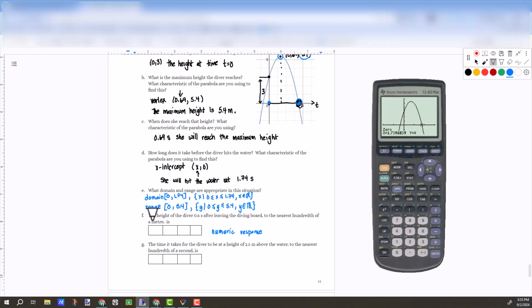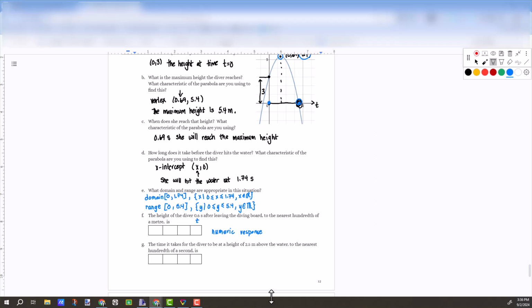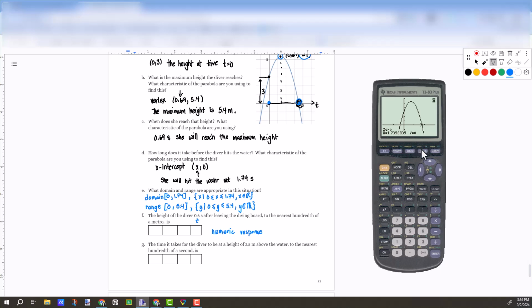And we want to know the height of the diver at 0.6 seconds. Well, this is a time value, t. In other words, t is kind of like x. So we can use second trace. We can use that value right here, because remember, time is on the x-axis.